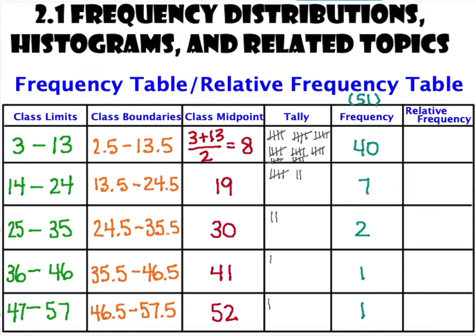Relative frequency. Relative means comparative, right? So we're going to compare that 40 to the total. And we're going to compare the 7 to the total. And we are going to put those into decimals, or a lot of times you'll see them as percents.